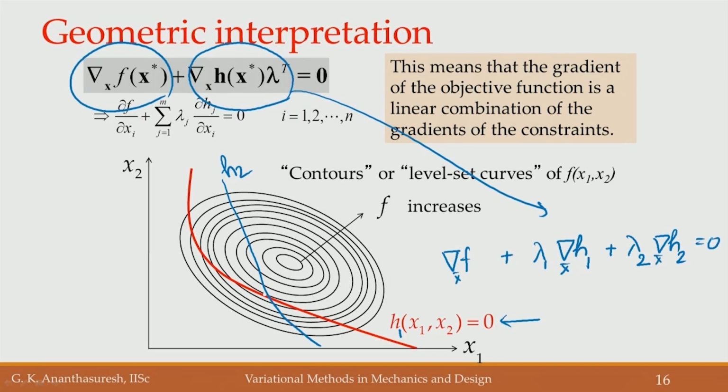If there is the gradient for the objective function like that, the red one may be like this, the blue one may be like that. You have to draw the gradients properly. The sum of all the gradients should be equal to 0. Here we did not draw it properly; actually the blue gradient will be like this and the red gradient like this.